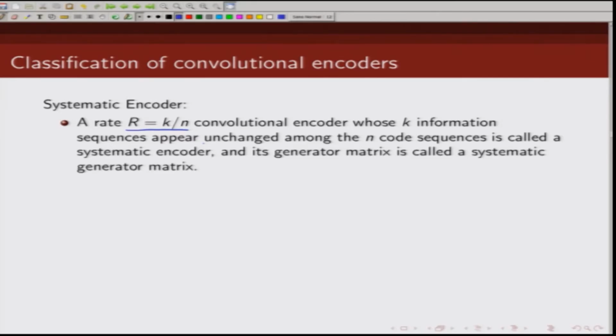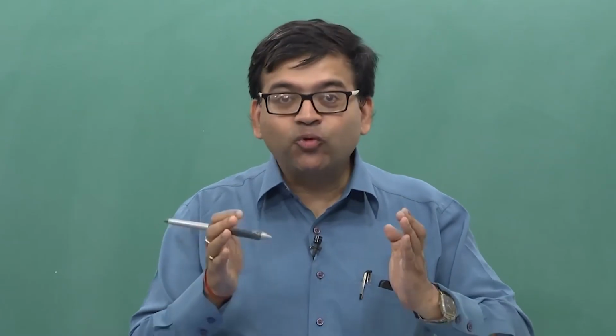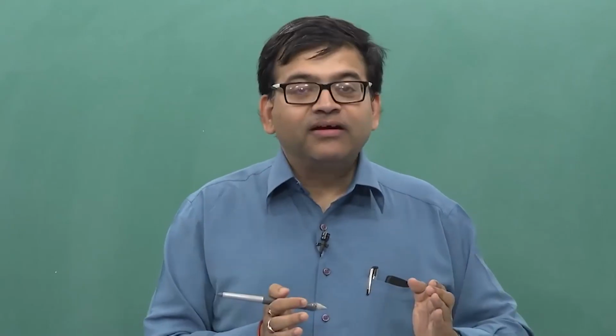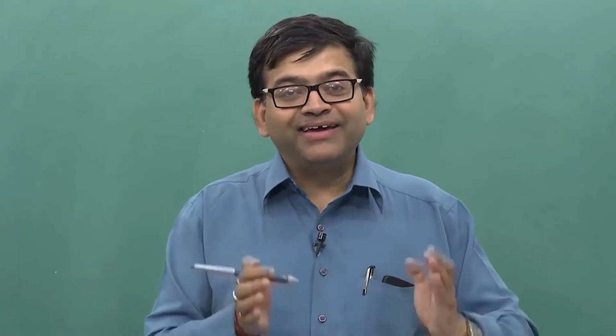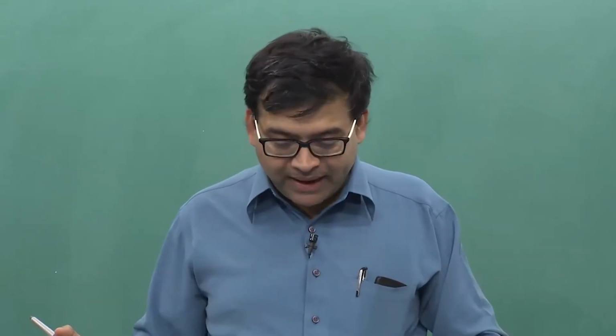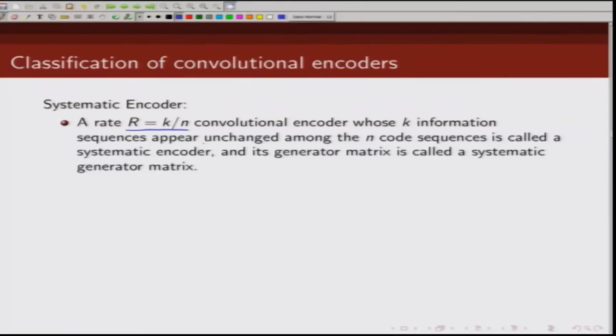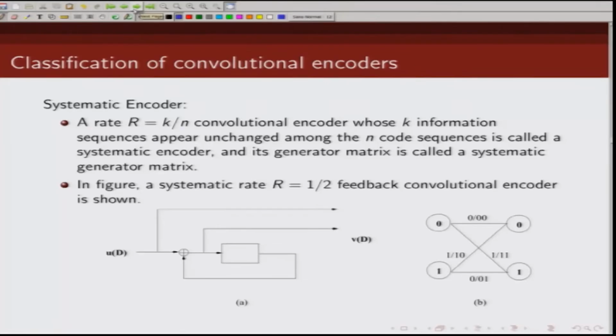So, out of those n coded bits, you can directly see the k information bits, and the rest n minus k bits are your parity bits.